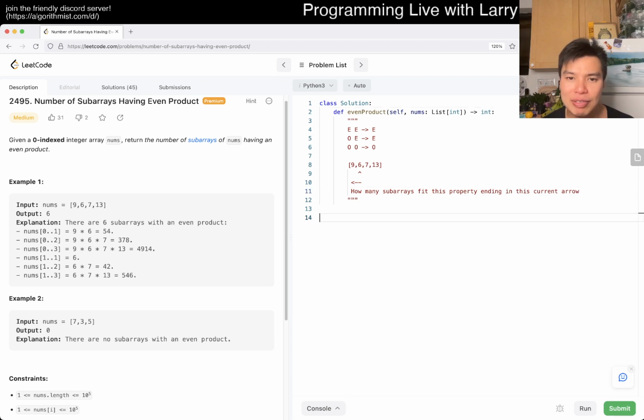I think that becomes a little bit easier, because now we're saying, how many subarrays fit this property ending in this current element? So we're going from left to right, and we're just summing up the number of subarrays that fit this property, ending in this current cell or array element.